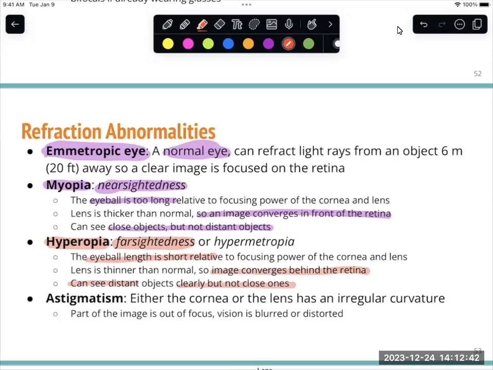Nearsightedness can see near, close. Farsightedness can see far away. The other one, an astigmatism. Either the cornea or the lens has an irregular curvature to it. So some of that image may be out of focus.